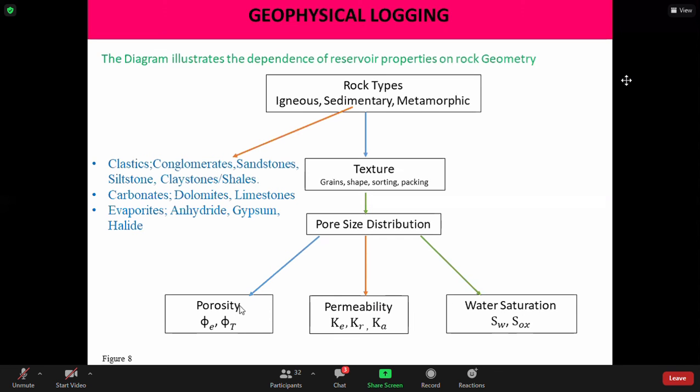And I think we have discussed this one, talking about porosity, effective porosity, total porosity, permeability, the absolute, the effective, and the total porosity. Some of the students have been able to even explain to us.